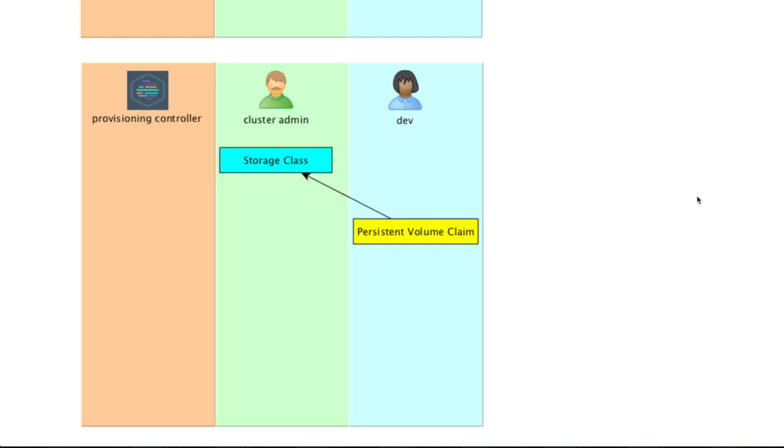Once our cluster admin has set up a set of storage classes, our application admin or developers can reference those storage classes when they create their persistent volume claim. So if our developer or app admin was creating an application that required gold service storage, they'd create a persistent volume claim with a reference to a storage class called gold.